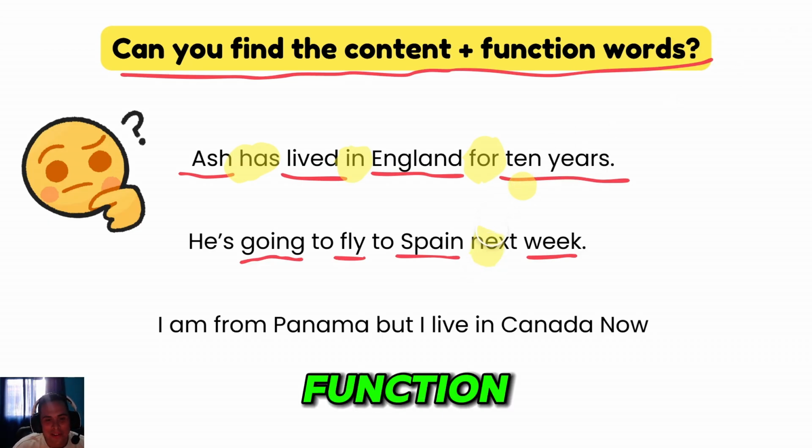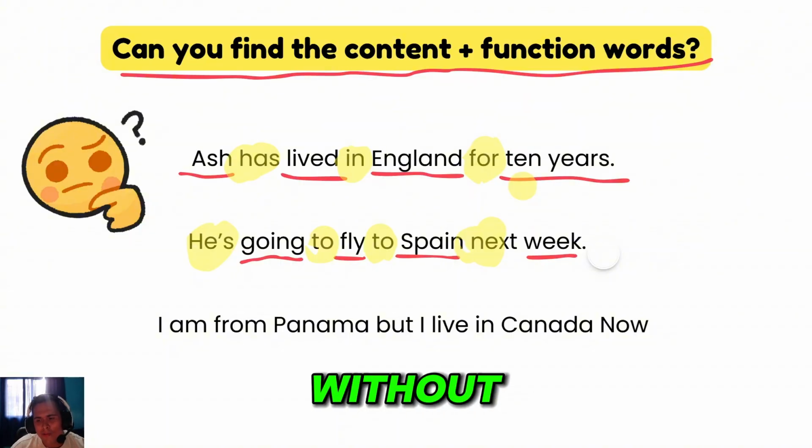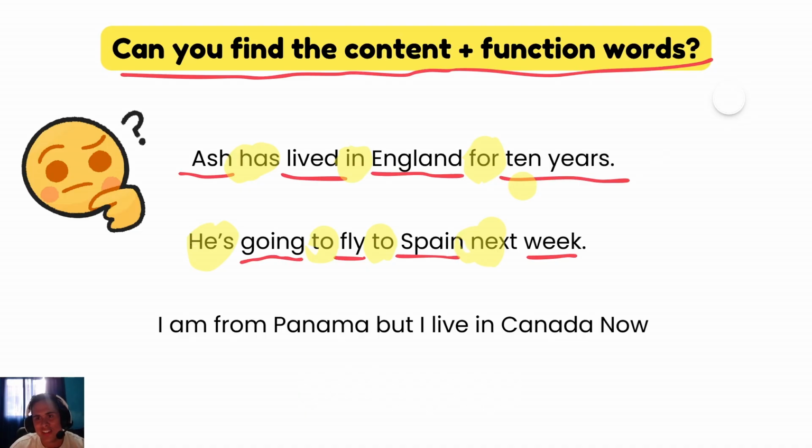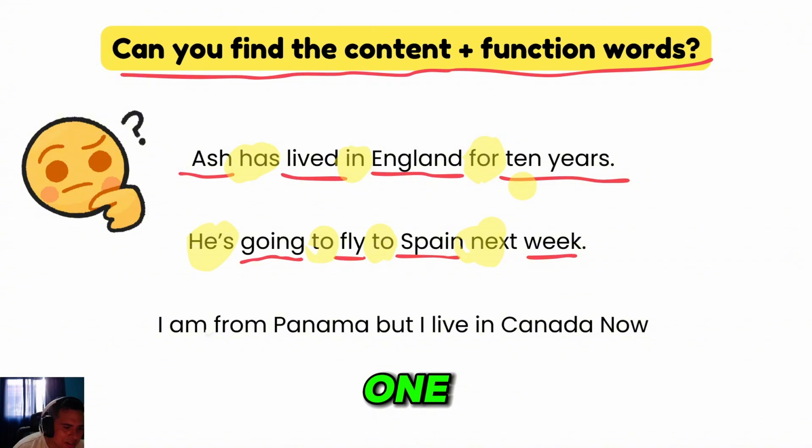But with the function words, we put here: he is going to fly to Spain next week. Now that we are understanding a little bit what content words and function words are, and why they cannot live without each other and why they are so important living together.